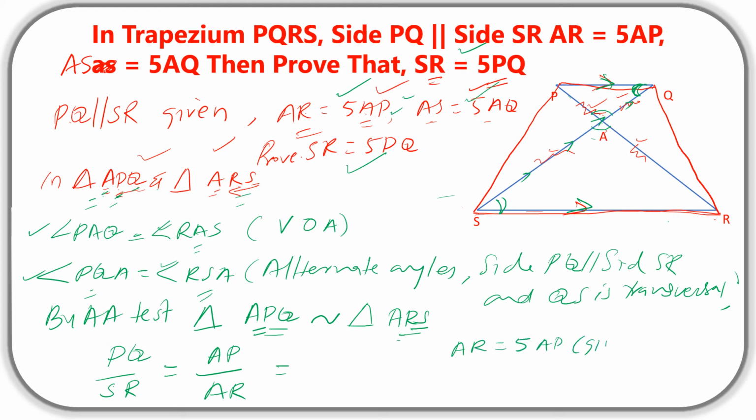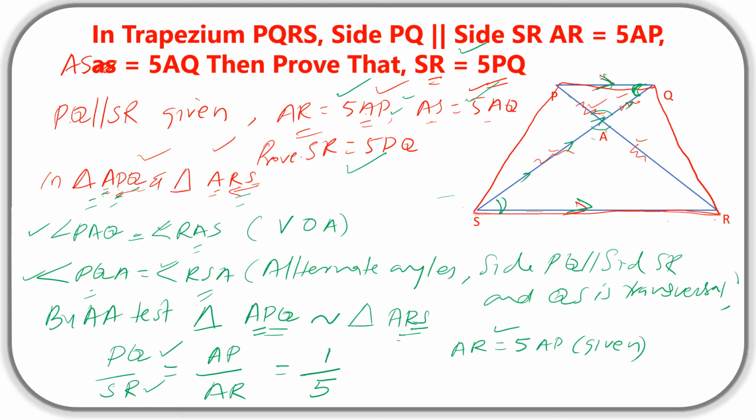This is given. So AR is quite bigger. So this will be 5 times of this.